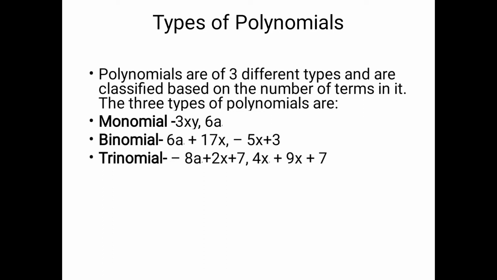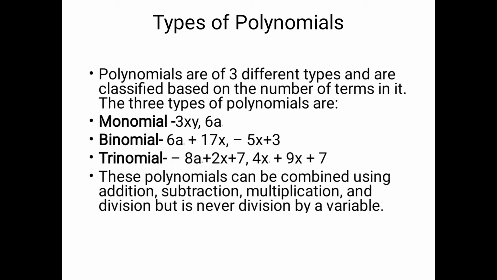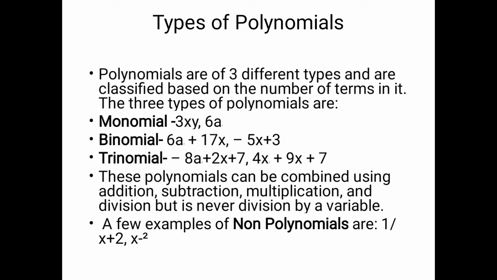And if we have 3 terms, it is a trinomial. These terms are separated by operations like addition, subtraction, and multiplication also, but never division by a variable. Examples like 1 upon x plus 2 and x raised to the power minus 2 are non-polynomials.